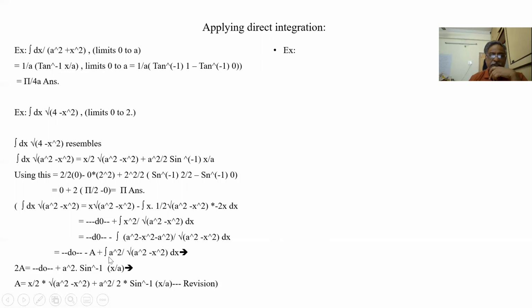So when I do this integral, this becomes minus of root a square minus x square, and when I do the division, root a square minus x square is left out, nothing but a, plus a square by square root of a square minus x square. This is sine inverse x by a. So we got x by 2, this minus a goes to a plus 2a, it will become. So x by 2 square root of a square minus x square plus a square by 2 sine inverse x by a. This whole derivation is for the purpose of revising this formula because many times this formula comes up.